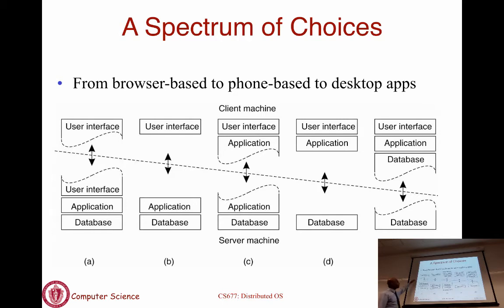So this dotted line here is the boundary between the client and the server, and each column here shows you one design choice. It says what did you decide to put on the client and what did you decide to put on the server.